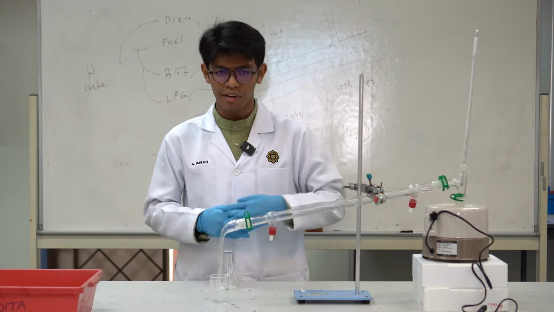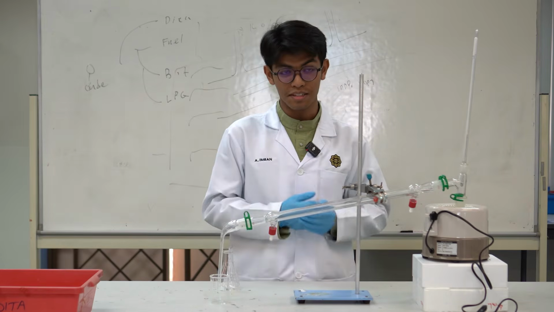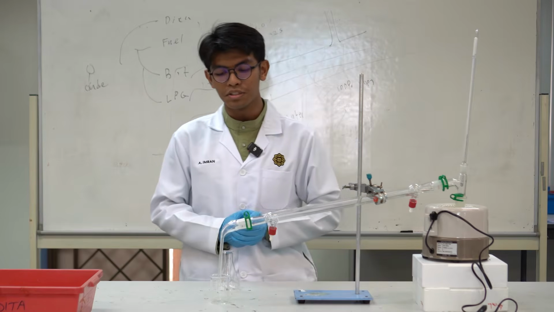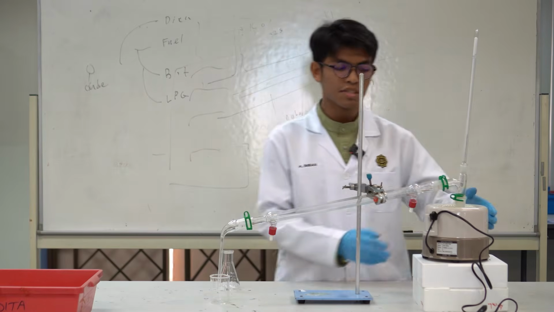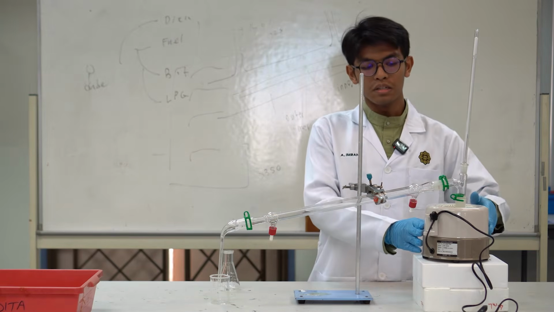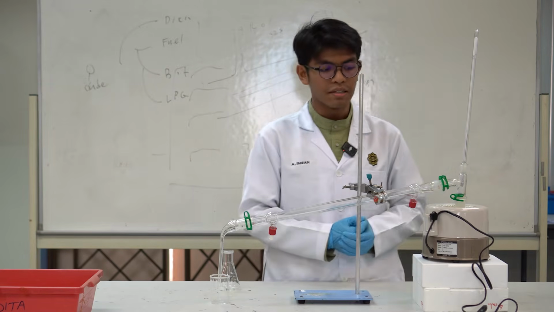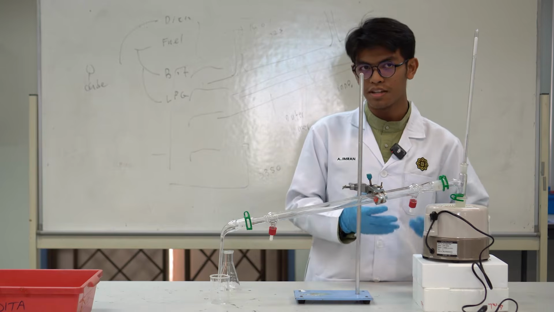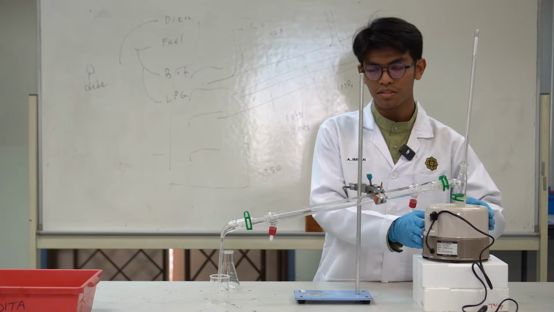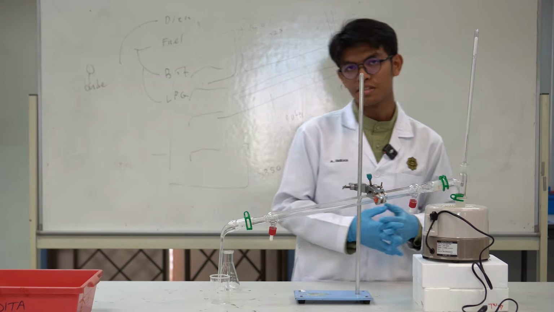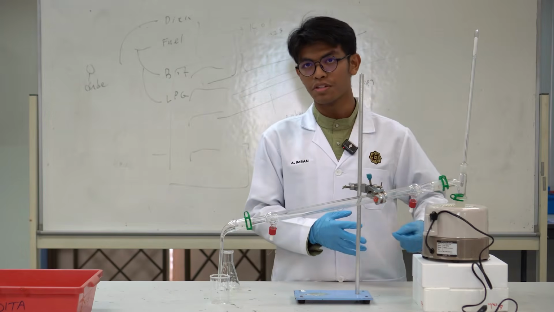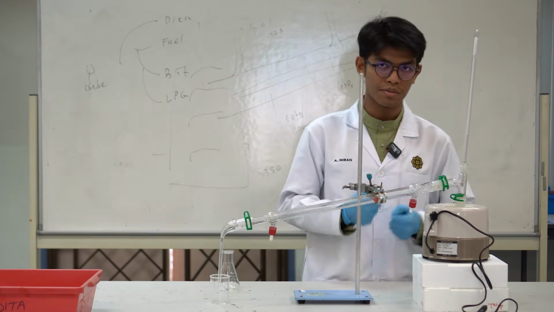The next safety tip is to ensure that the usage of the heating mantle is well explained and reminded, because while operating the distillation process, the heating mantle is used to heat up the distillation flask that contains the mixture to vaporize the pure substance.